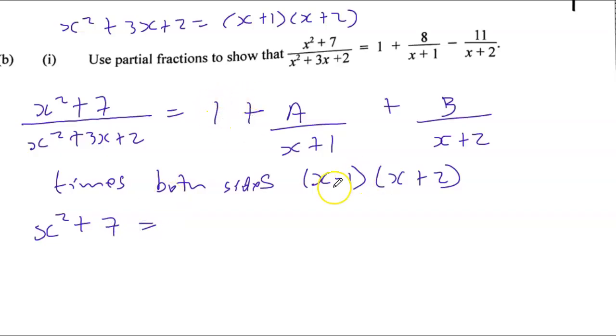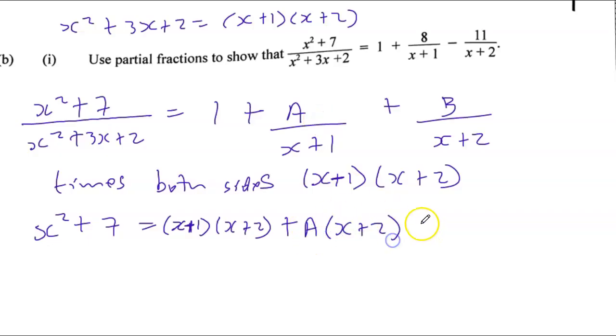You multiply these brackets by 1, and you get x plus 1 times x plus 2. You multiply these brackets by a, the x plus 1 will cancel, leaving us with x plus 2. And if we multiply these brackets by b, the final term here, the x plus 2 will cancel, leaving us with x plus 1.